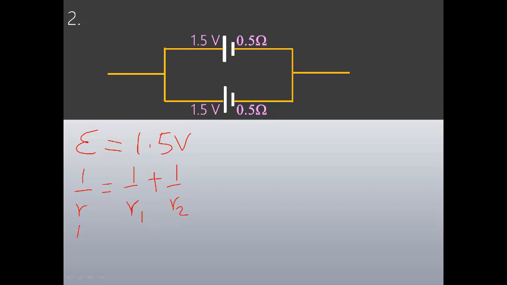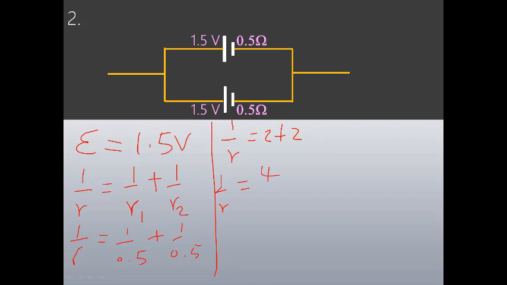So 1 over R is equal to 1 over 0.5 plus 1 over 0.5, which will give you 1 over R is equal to 2 plus 2, which is 1 over R is equal to 4. Therefore, R is equal to a quarter, which you write as R is equal to 0.25 ohms.